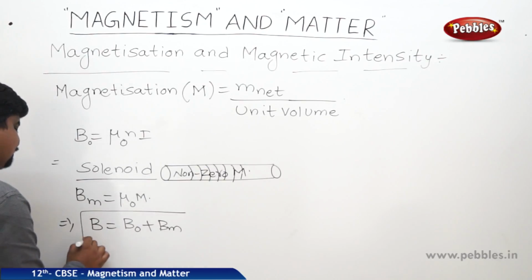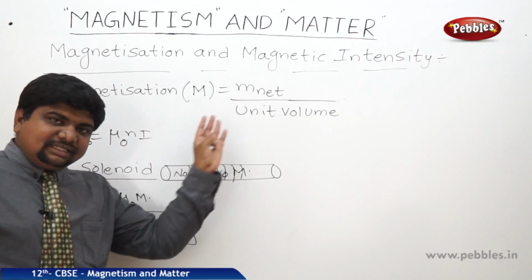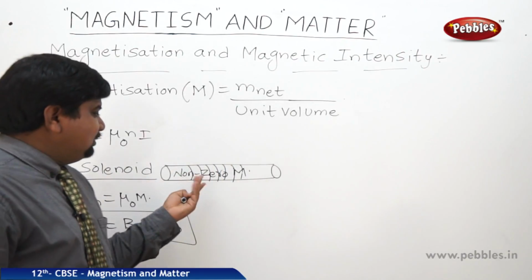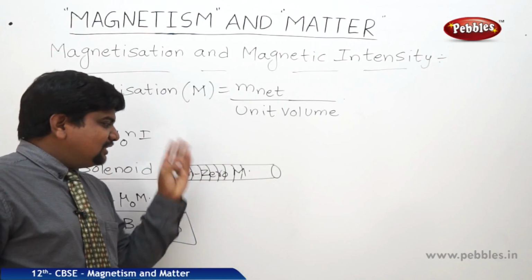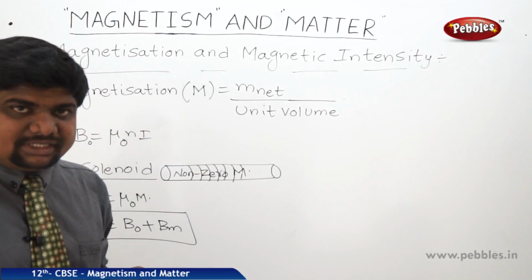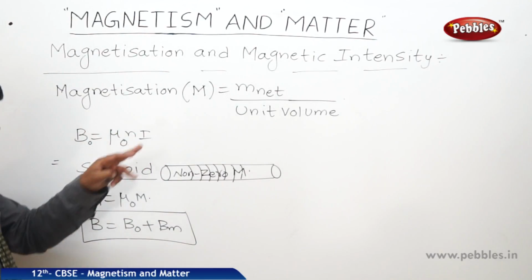So the total magnetic field is equal to the field in the absence of the magnetic material plus the field in the presence of the magnetic material. B naught is equal to mu naught N i.